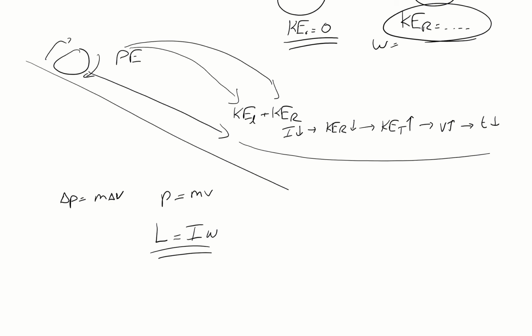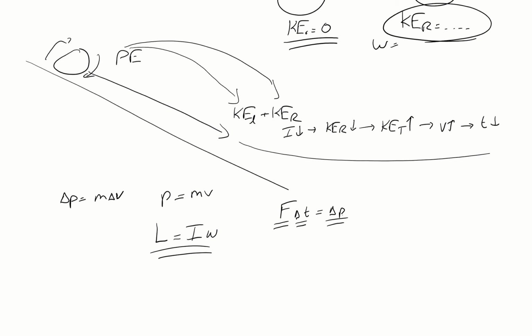The big question is, when should angular momentum be conserved and when should it not be conserved? Well, again, let's take the parallels to our linear system first. If there is an outside force, then we can use F delta t equals delta p. If there is an outside force that is not 0 and it's acting for a certain period of time, then that tells me the momentum should change.